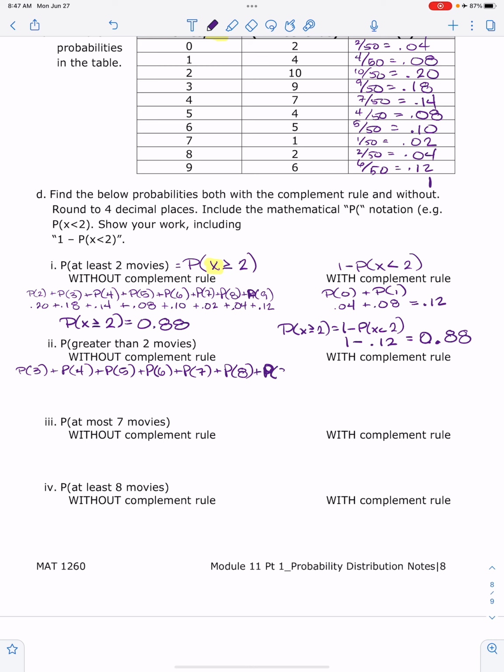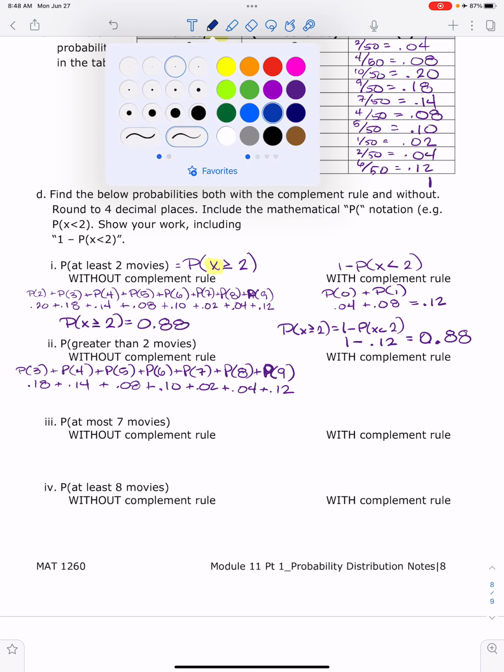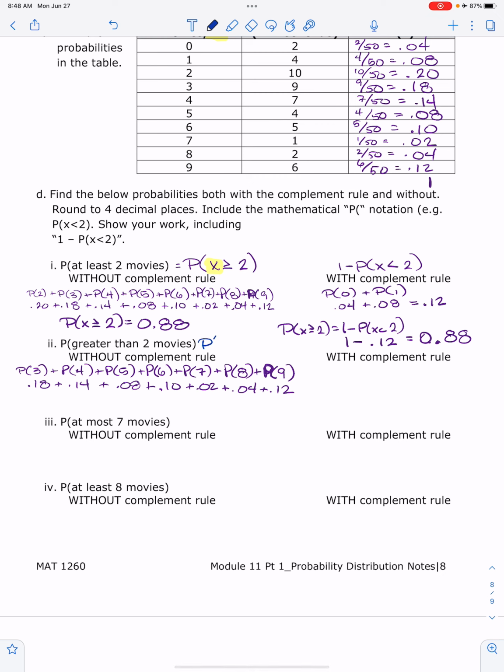So I get 0.18, 0.14, 0.08, which feels kind of redundant since we just did most of this right above, 0.02, 0.04, 0.12. This is the probability that X is greater than 2. When I add these together, I get 0.68.